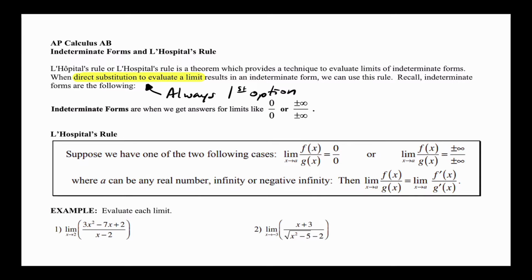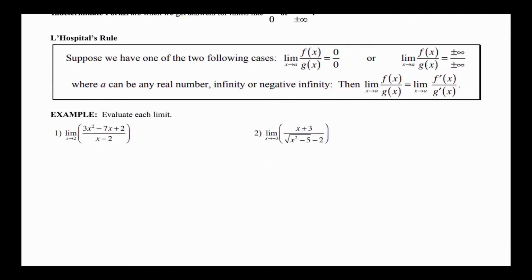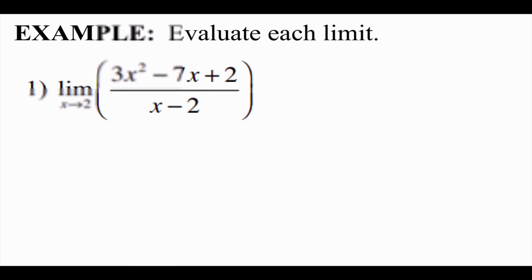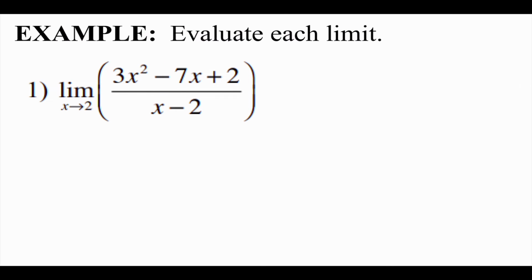So when we're doing a limit question, what's always our first method of evaluating a limit? As x approaches 2, plug it in. See if you get a number, you're done, right?